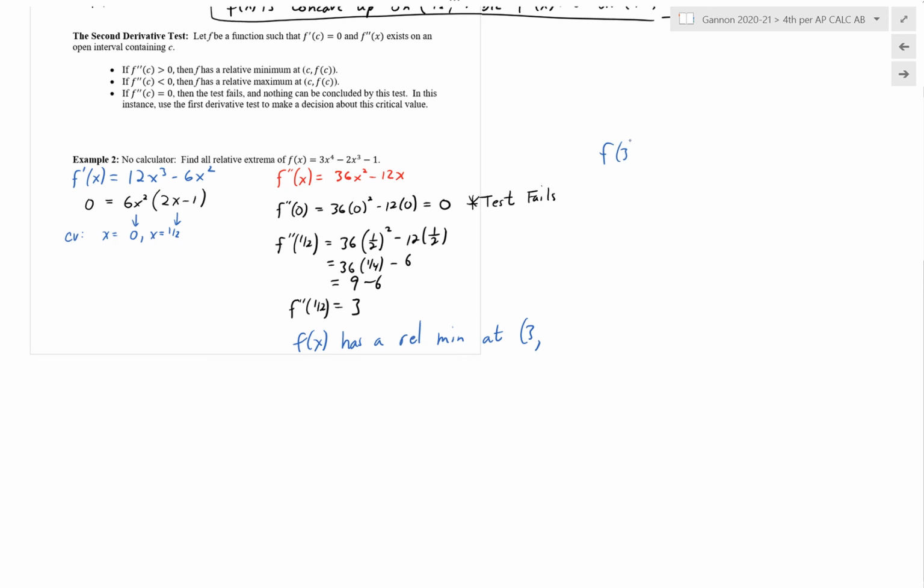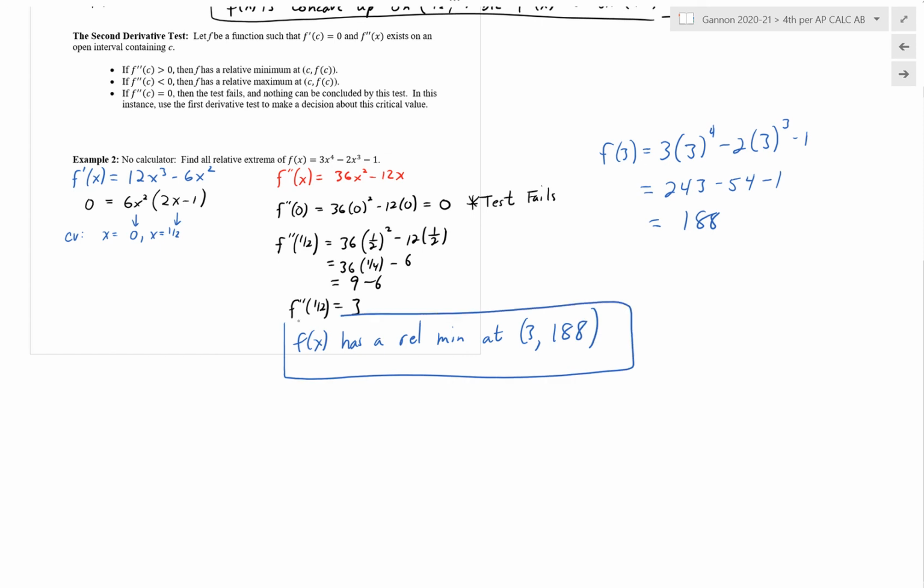So if we do that real quick, f of 3 is 3 times 3 to the 4th power minus 2 times 3 cubed minus 1. 3 to the 4th power is 81 times 3, that's 243. 3 cubed is 27 times negative 2, that's going to be negative 54 minus 1. And that's positive 188. So f of x has a relative minimum at 188. So at the point 3, 188.